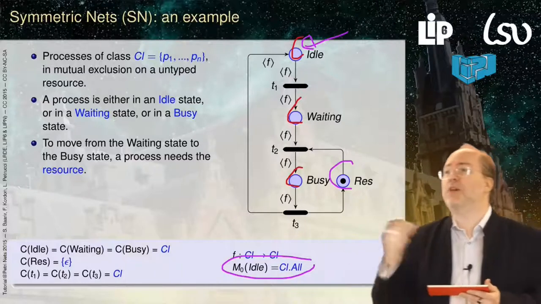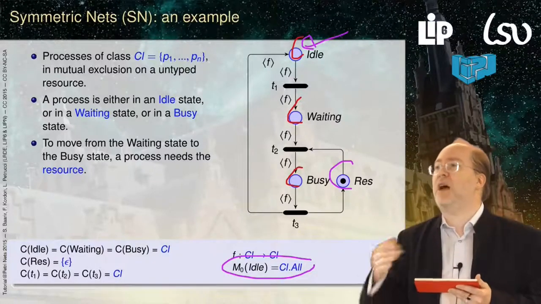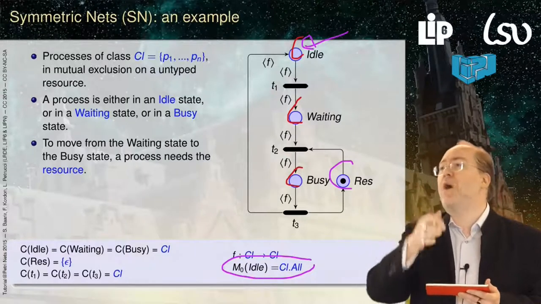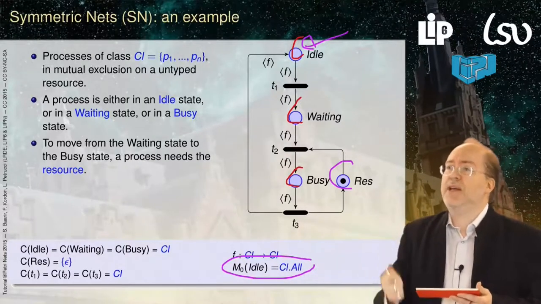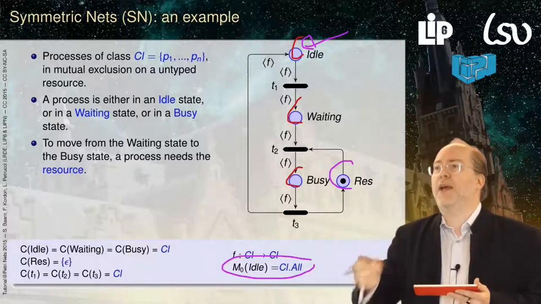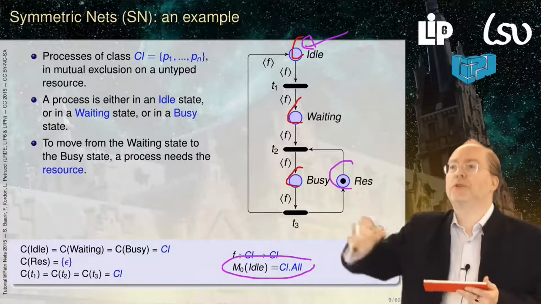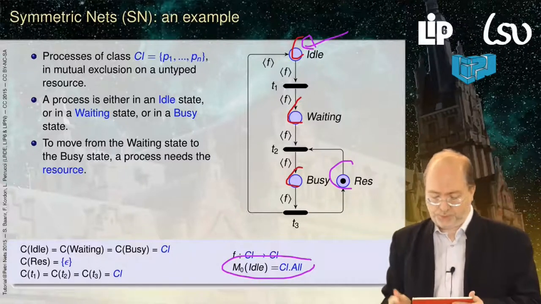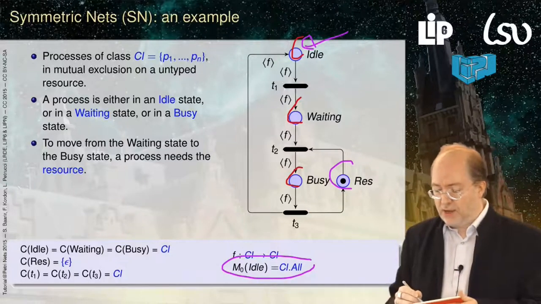So it means that, for example, if my processes have identities that are a value between 1 and 10, CL.all will generate token 1 plus token 2 plus token 3, etc., until token n.